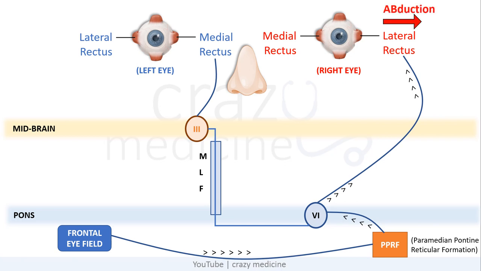At the same time, the signal reaches the left 3rd nerve nucleus through the MLF, which will stimulate the left MR, or medial rectus, to look at the right, that is adduction. The point to remember here is that the right-sided 6th nerve is connected to the left-sided 3rd nerve via the left MLF, and you can see this in this figure.